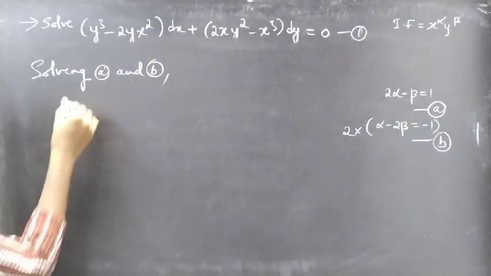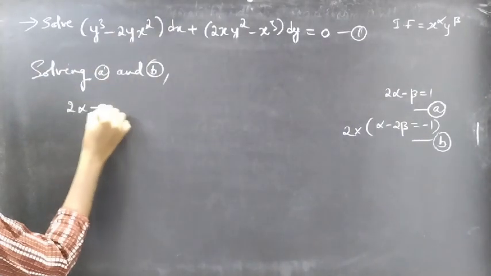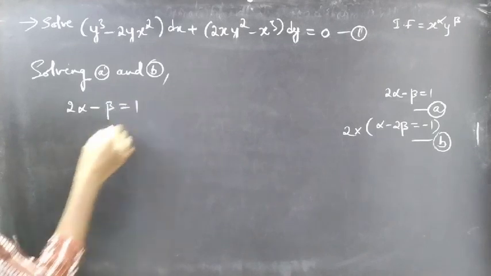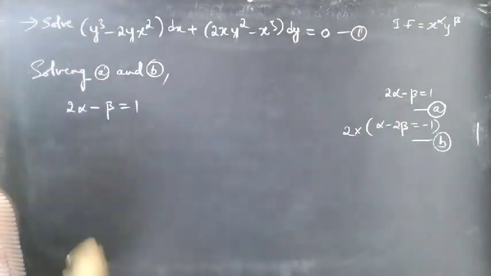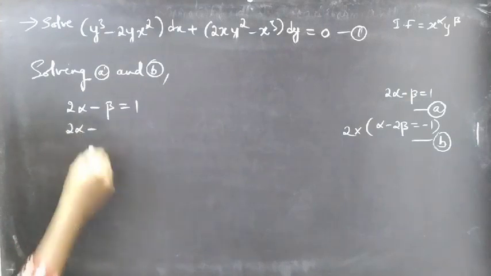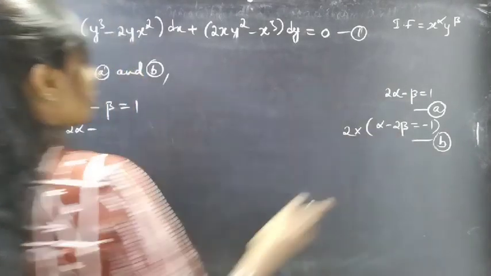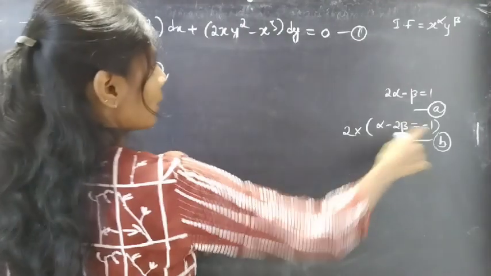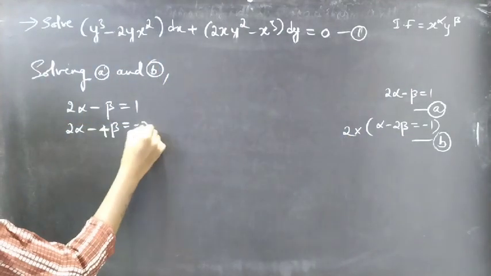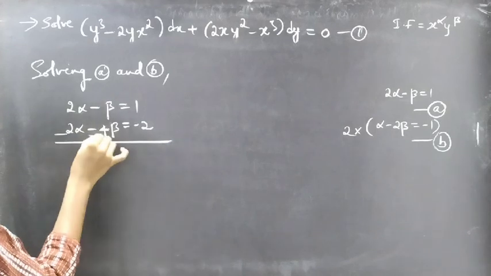Now solving A and B. Equation A: 2α−β equal to 1. Equation B, multiplied by 2, gives 2α−4β equal to −2. Now change the signs.